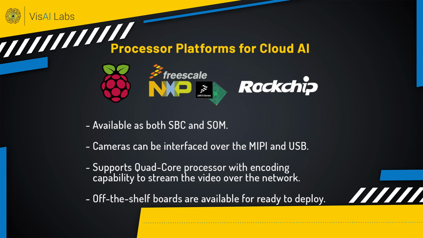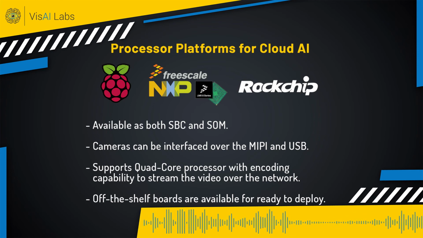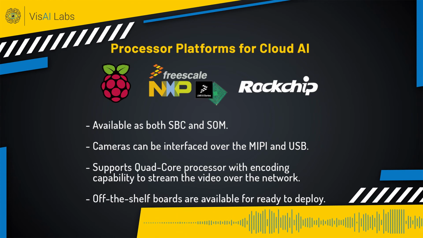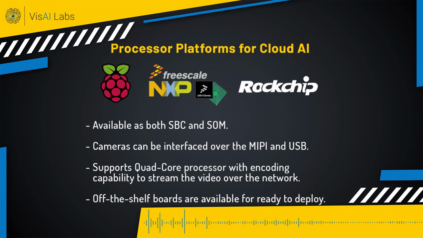So these are the most popular processor platforms that are available for cloud-based AI. You can run some basic algorithms on these processors, but you don't really have a dedicated GPU or a TPU or any AI/ML engine running on this.